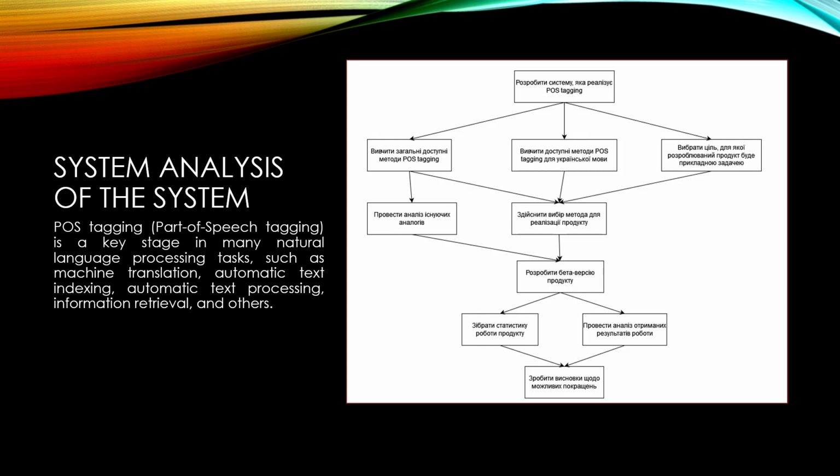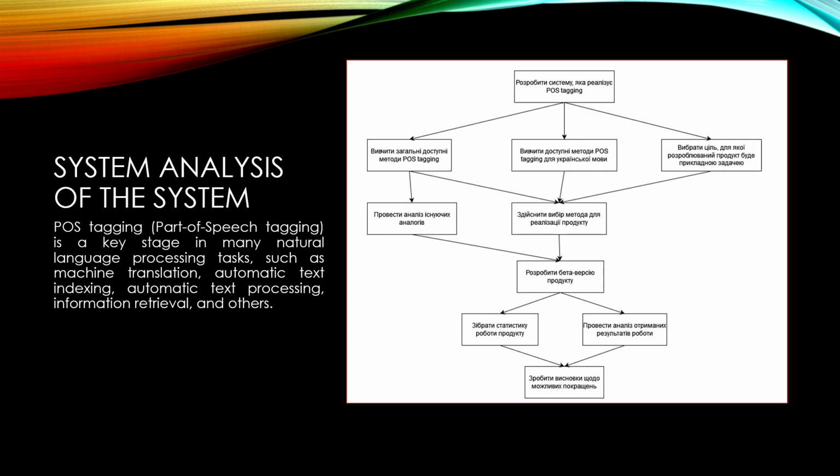Also, we have a goal to analyze existing analogs and choose the methods for realization of the product. Then it all leads to a goal which sounds like develop the beta version of the product.